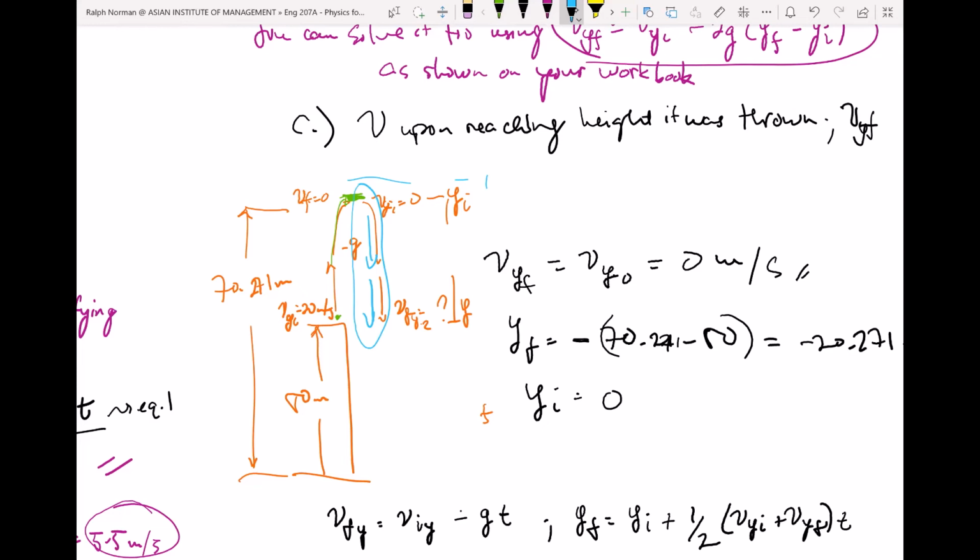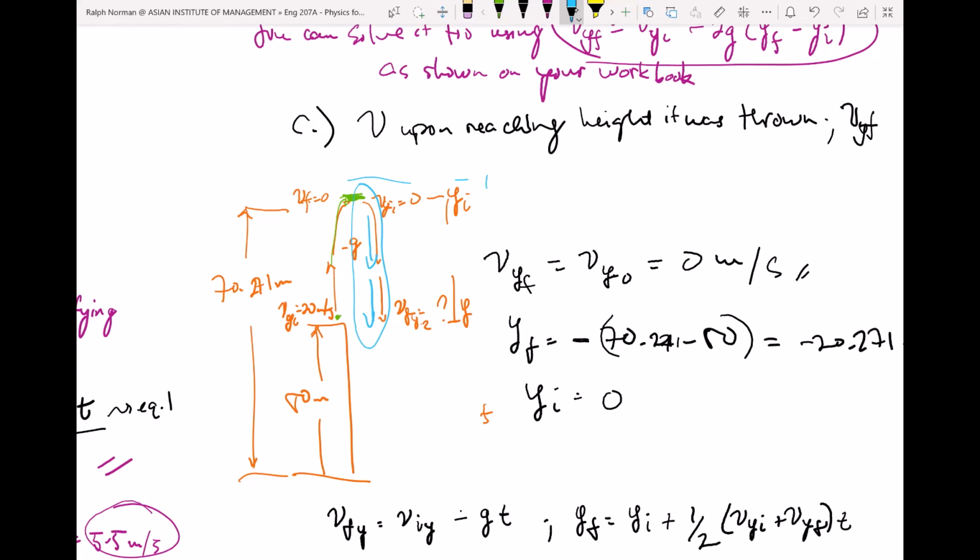Without solving the equation, you will already know what the answer is, and I will predict it's 20 meters per second, but just going downwards. So it is subjected to the same gravity too. But it's best to prove it in math. And of course, your y is still pretty much the same. We already have all the values.